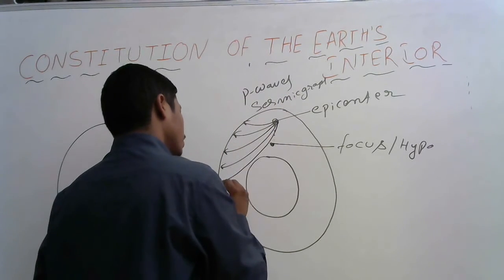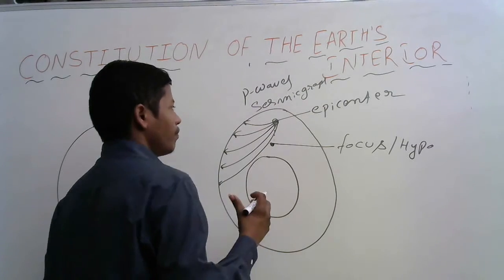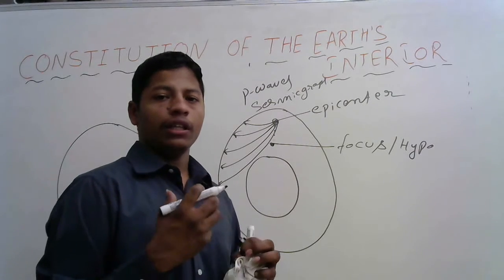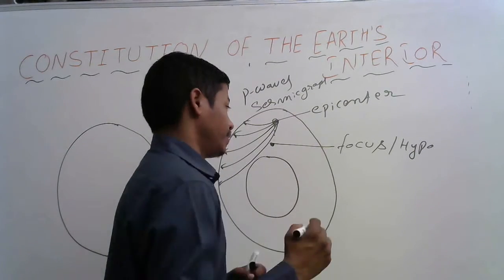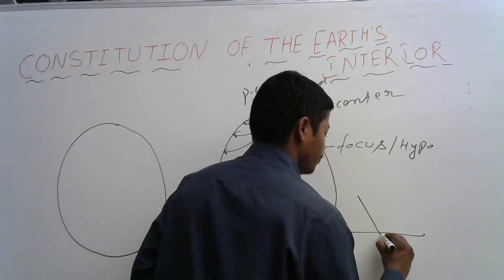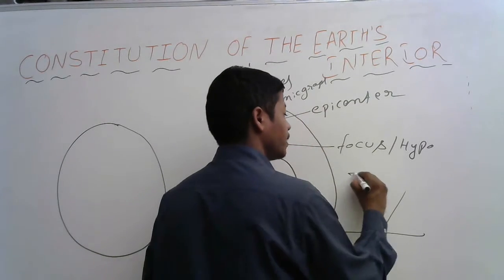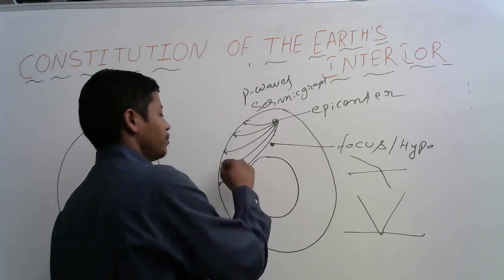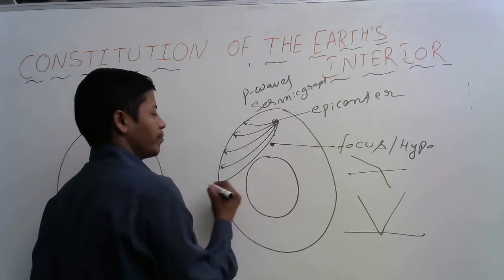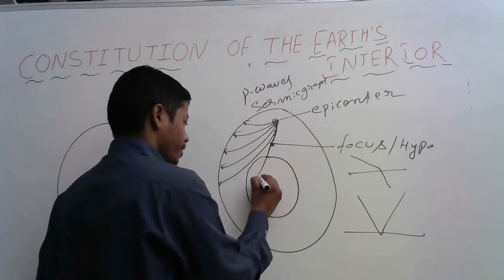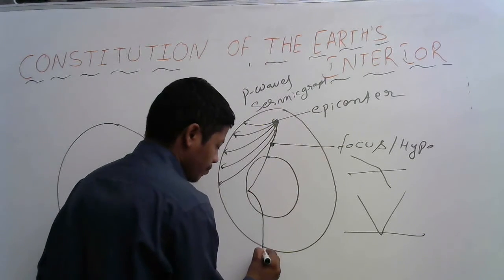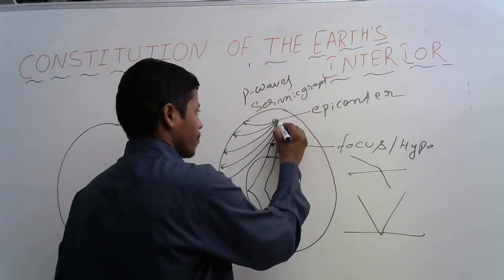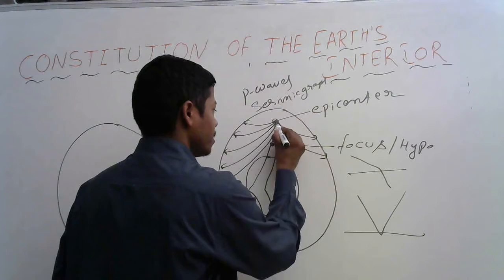Why concave and not straight? Because as the waves travel, reflection and refraction happen. Refraction means that when the medium changes, the wave bends slightly. So these lines are concave. This is the P wave seismic graph.